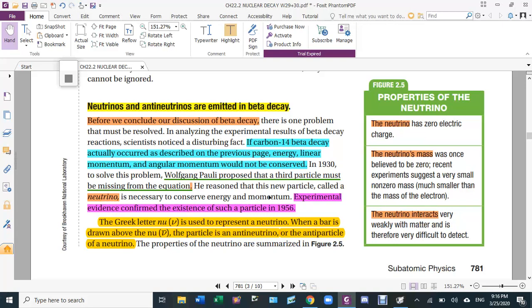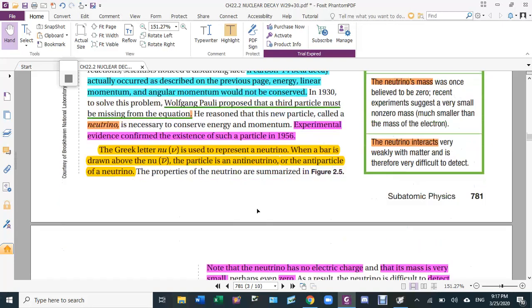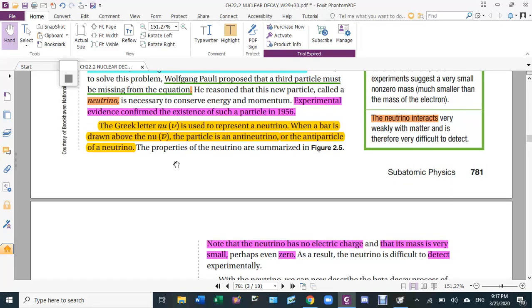He solved the problem. Experimental evidence confirmed the existence of such a particle in 1956. The Greek letter nu is used to represent a neutrino. When we put a bar above the neutrino in the drawing, it's called an antineutrino, the antiparticle of the neutrino.